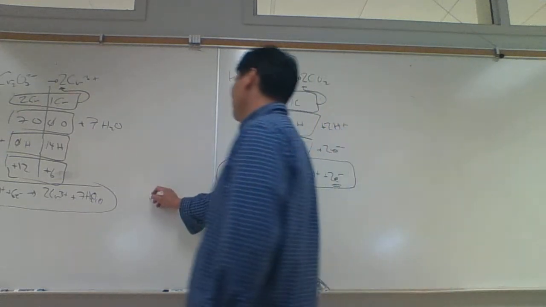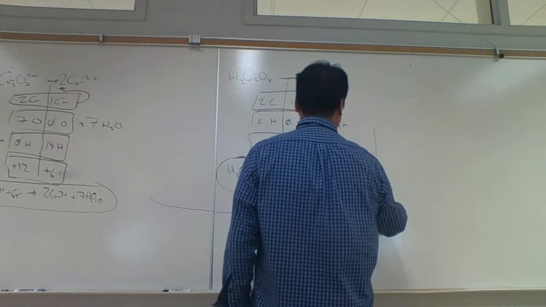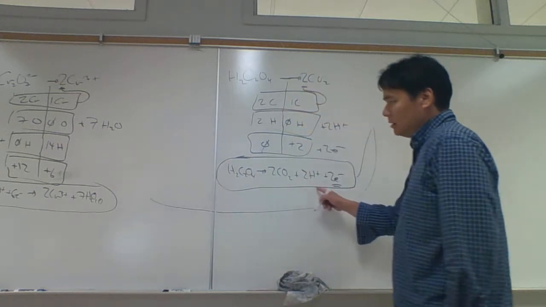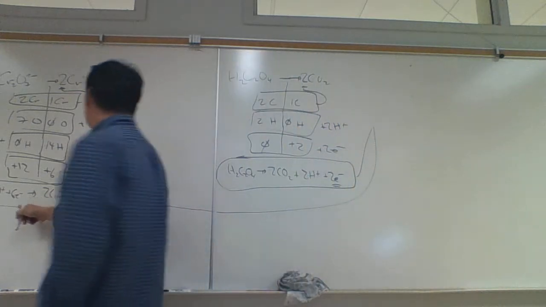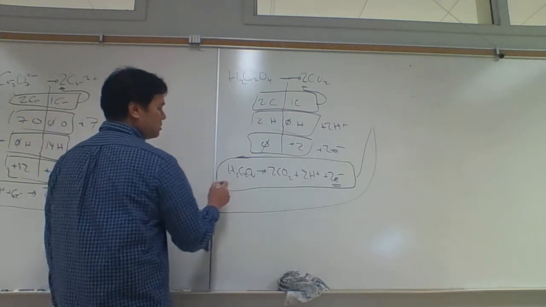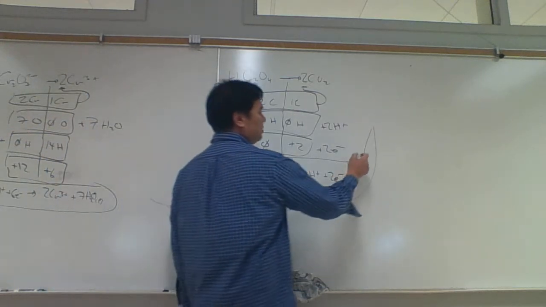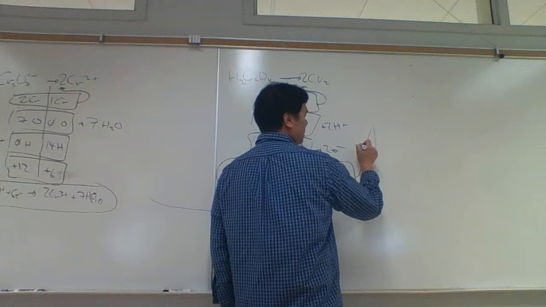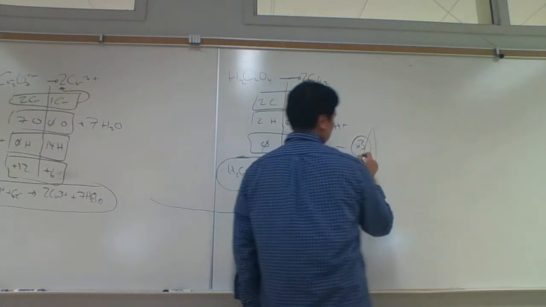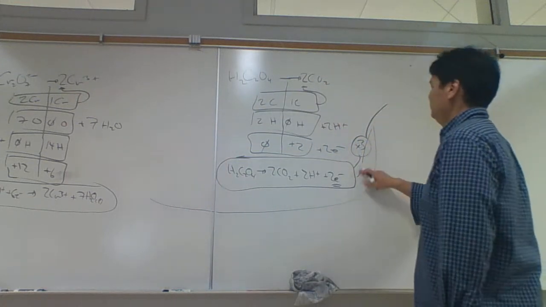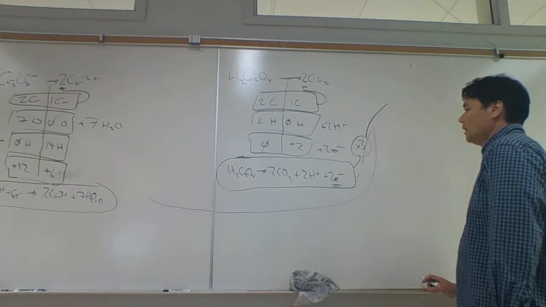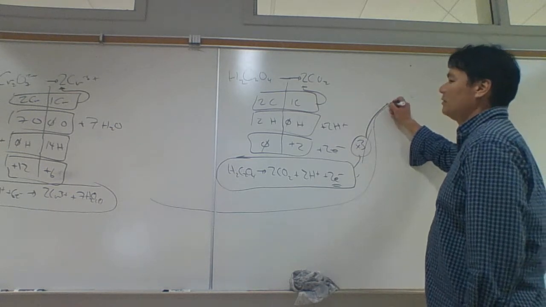Now, we'll combine the 2 half reactions. Let's see, this gains 6 electrons here. This produces 2 electrons. And so what I'm going to do is multiply this second half reaction times 3. And then add those half reactions together.